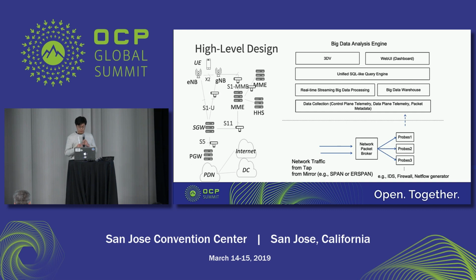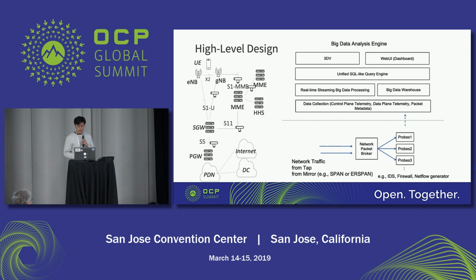The probe can be an IDS, firewall, or deep packet inspection, but in our case, we refer to the probe as a network protocol analyzer. Then finally the probe exports metadata after analyzing the packets to the TINA big data platform.